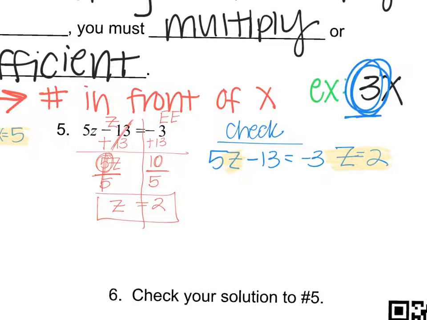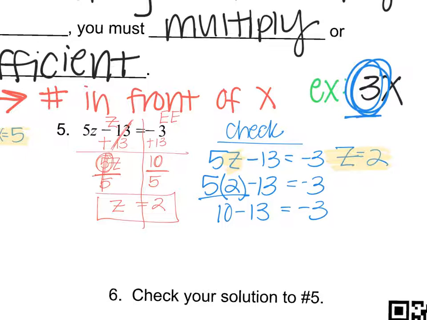So let's work it out. 5 times, instead of z, I've got 2 minus 13 equals negative 3. Well, 5 times 2 is 10, minus 13 equals negative 3. 10 minus 13 is negative 3. Does negative 3 equal negative 3? Sure does. So 2 is a solution. We worked it out right. We did not make a mistake.